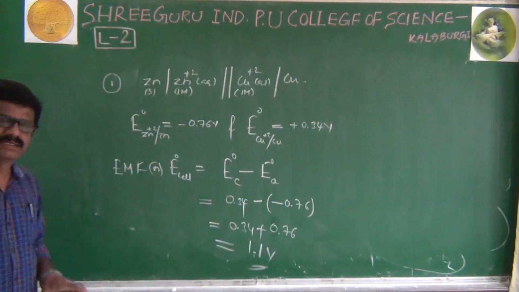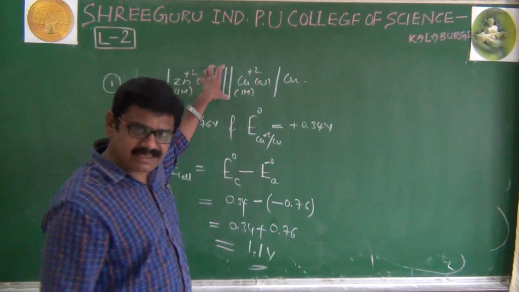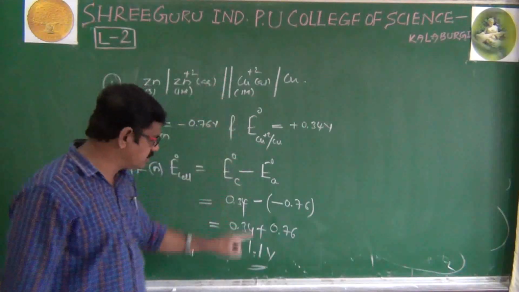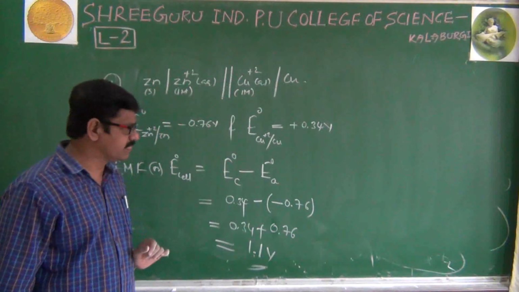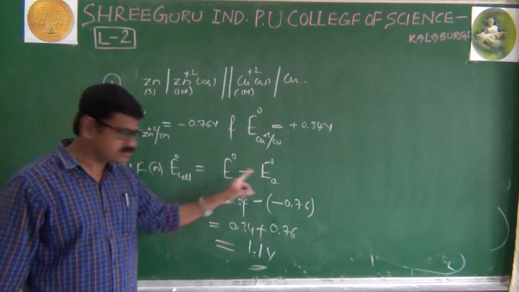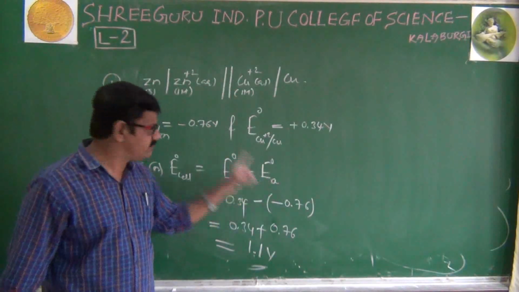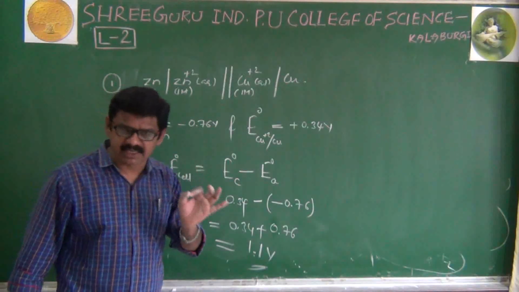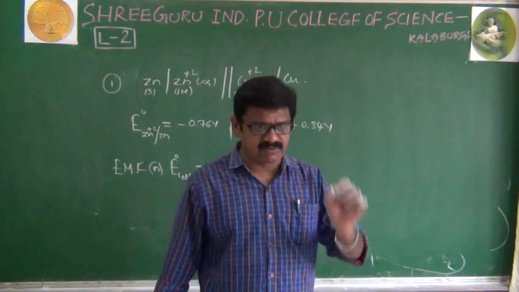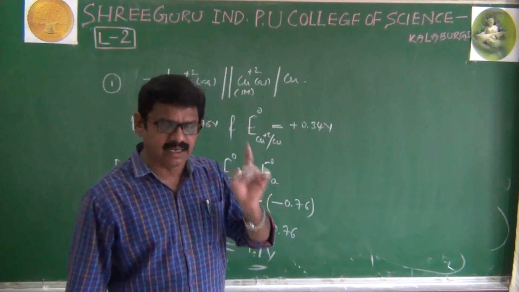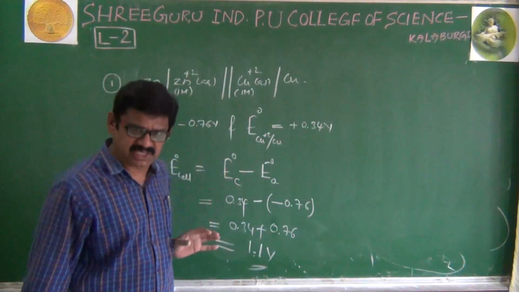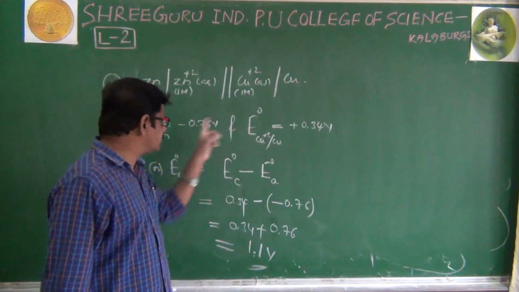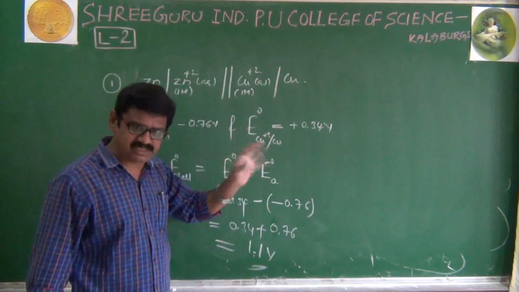Therefore the Daniell cell EMF value, Daniell cell potential value, is 1.1 volts. This is the final formula when both reduction potentials are given. Once again I am repeating, in electrochemistry wherever you find potential values, they are nothing but reduction potentials only. If conditions are standard, then whatever potentials are given are standard reduction potentials only.